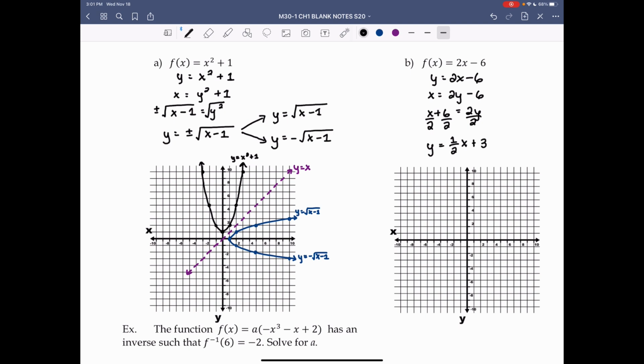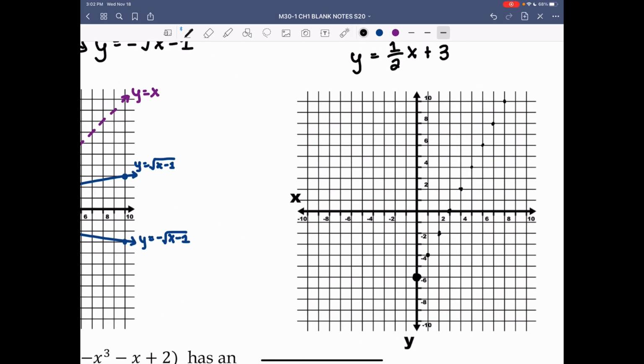Draw the original function f of x equals 2x minus 6. That's a y-intercept of negative 6, and then a slope of 2, which is 2 over 1. So positive 2: up 2, right 1, up 2, right 1, up 2, right 1, etc. And I can join those points with a line.